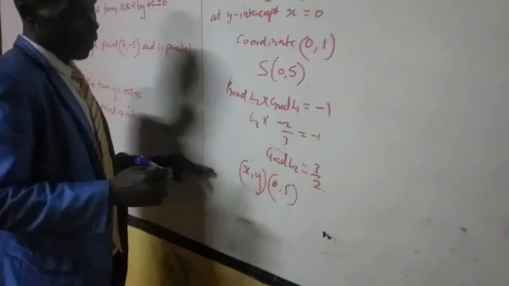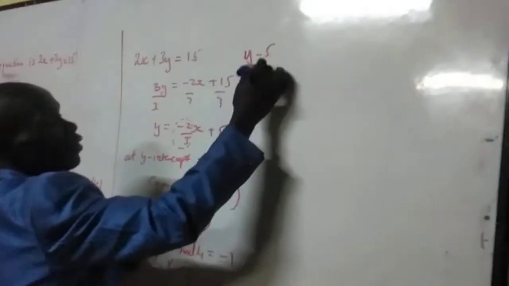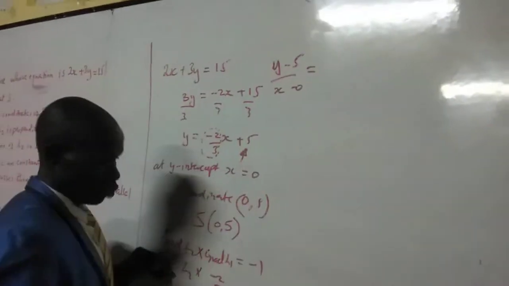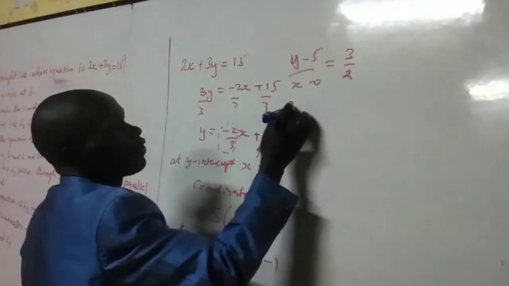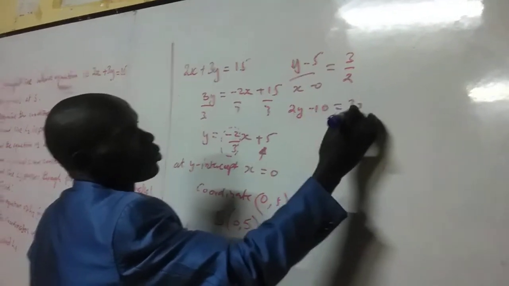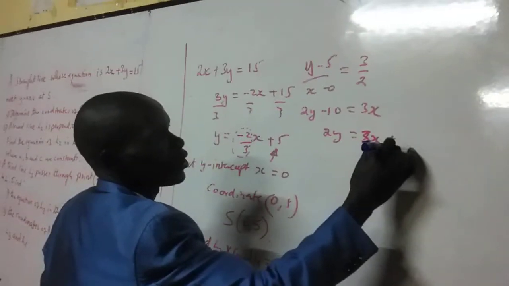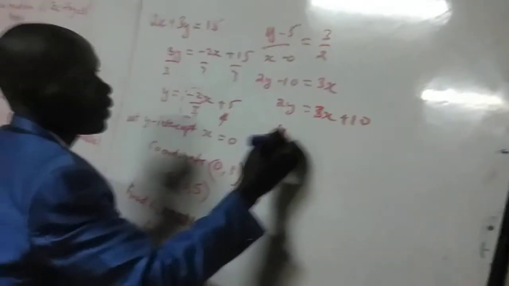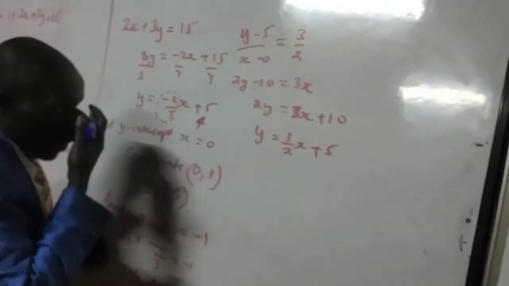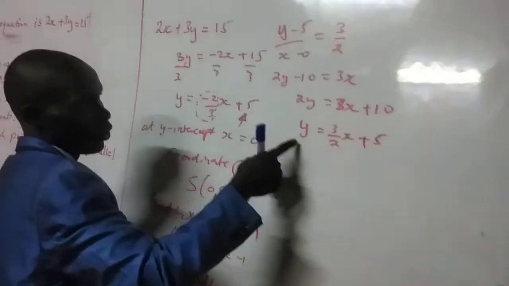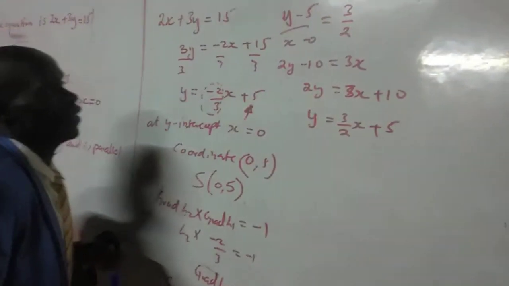Therefore y minus 5 over x minus 0 should be equal to 3 over 2, and we have 2y minus 10 is equal to 3x, and 2y is equal to 3x plus 10, and y is equal to 3 over 2x plus 5. So it is true the y-intercept of this line is also 0, 5.